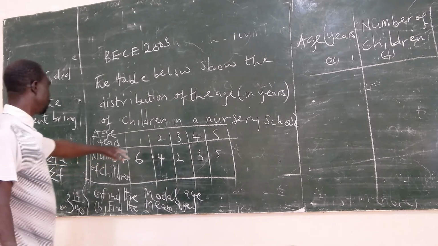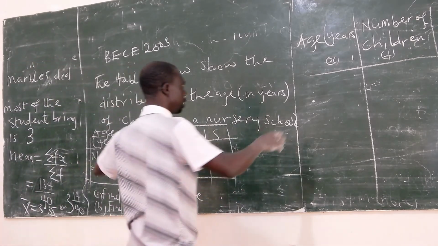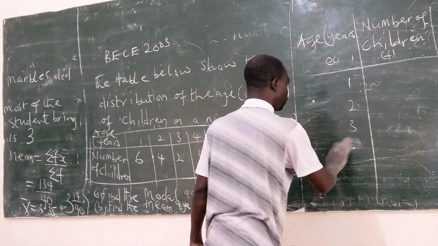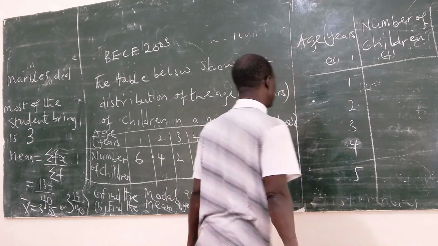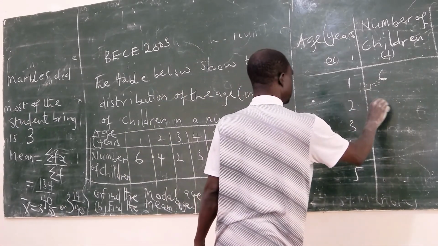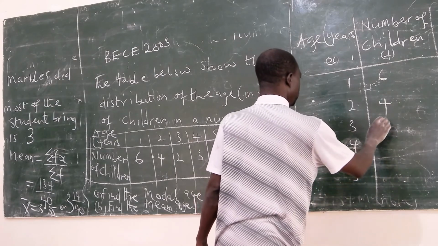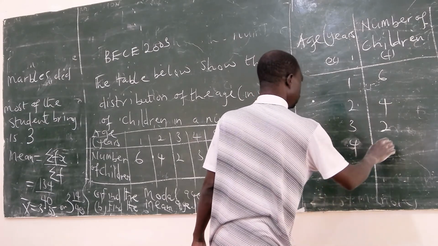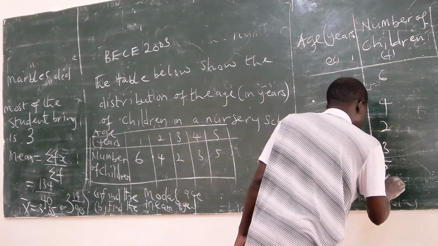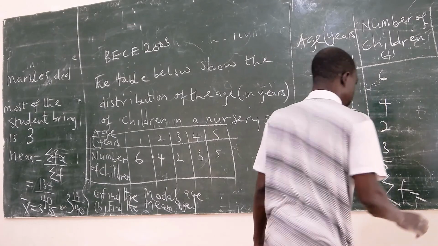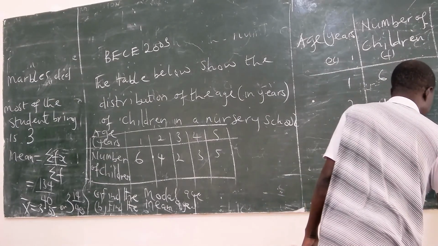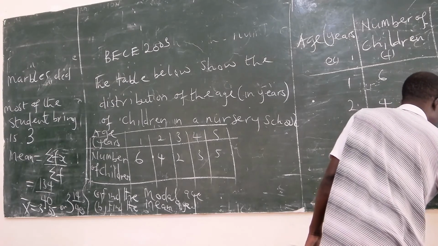So the smallest age is 1, followed by 2, 3, 4, and 5. The frequencies are 6, 4, 2, 3, 5. We name here sigma f, that's the total frequency, the summation of frequency.